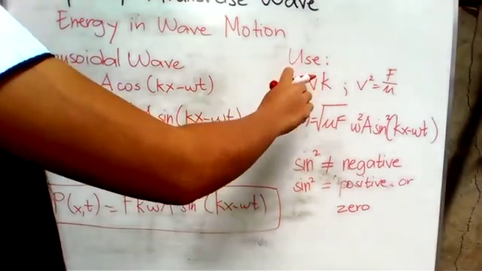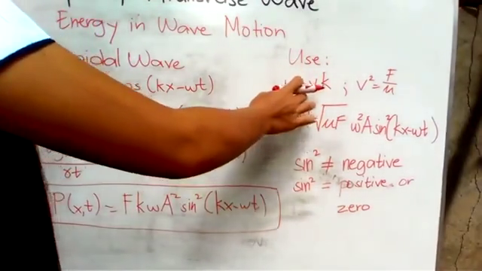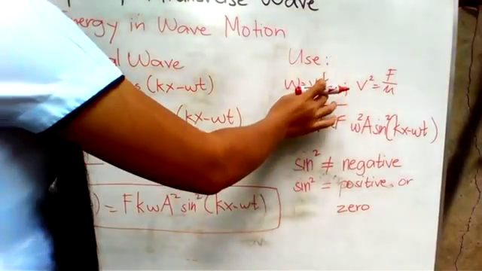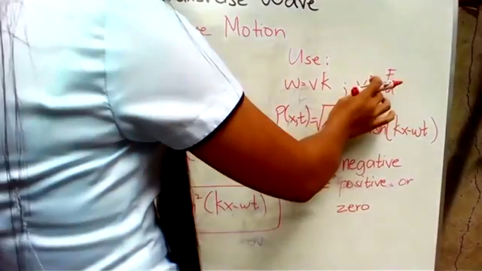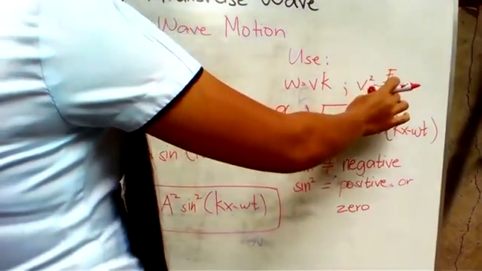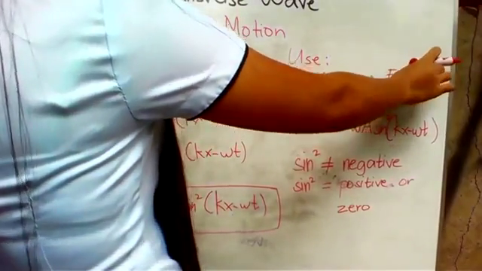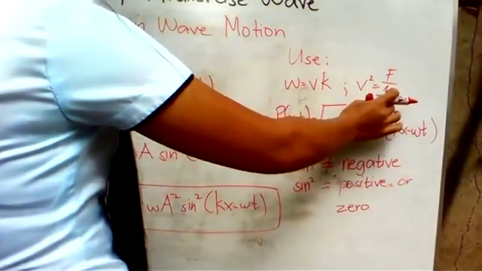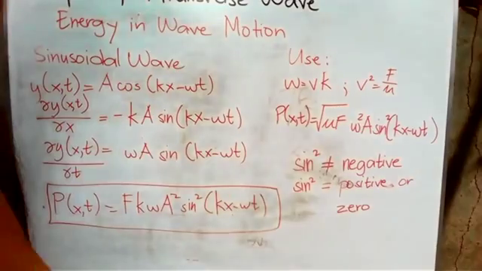Using the relationship omega is equal to the wave speed times the wave number, and the wave speed squared is equal to F, the tension force, divided by mu, which is the linear mass, or the mass per unit length.